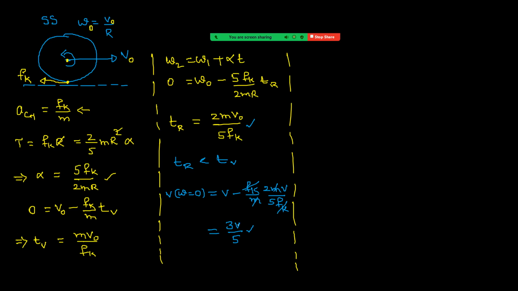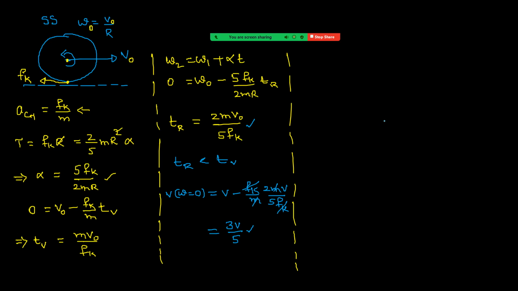Next we have to find the velocity when slipping stops, that means when rolling starts without slipping. We can calculate the same thing directly by using conservation of angular momentum, which we discussed in the last two questions.